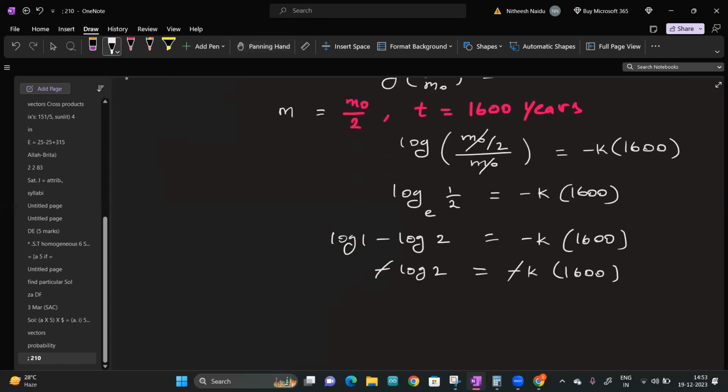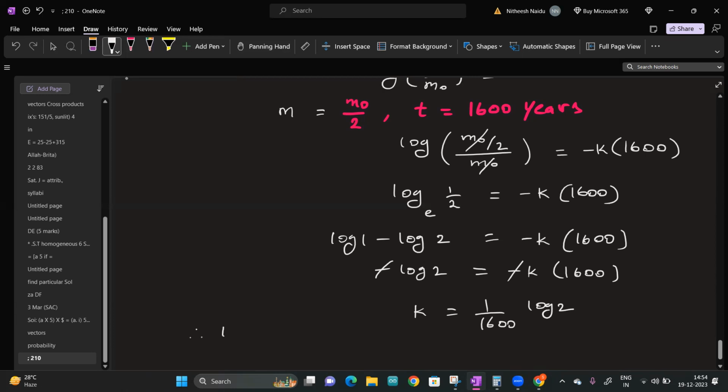Now k is equal to how much? 1 by 1600 into log 2. Now we will write the original equation.